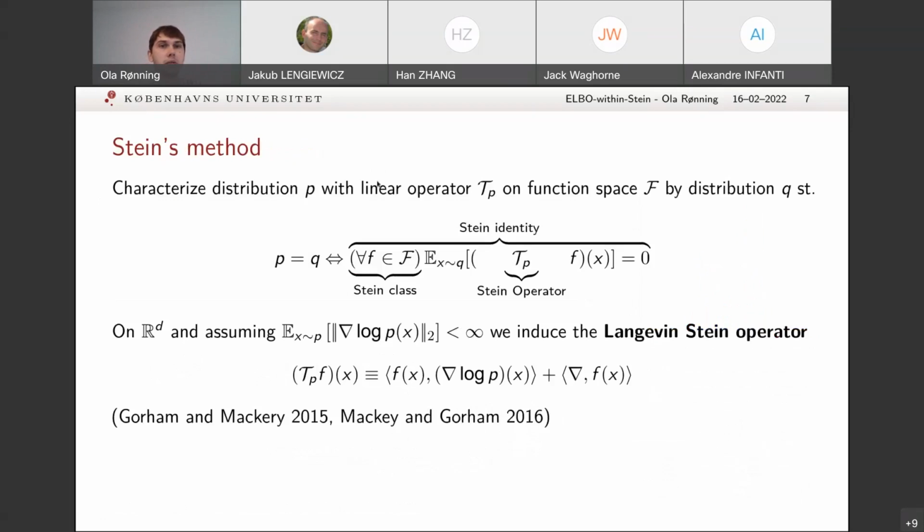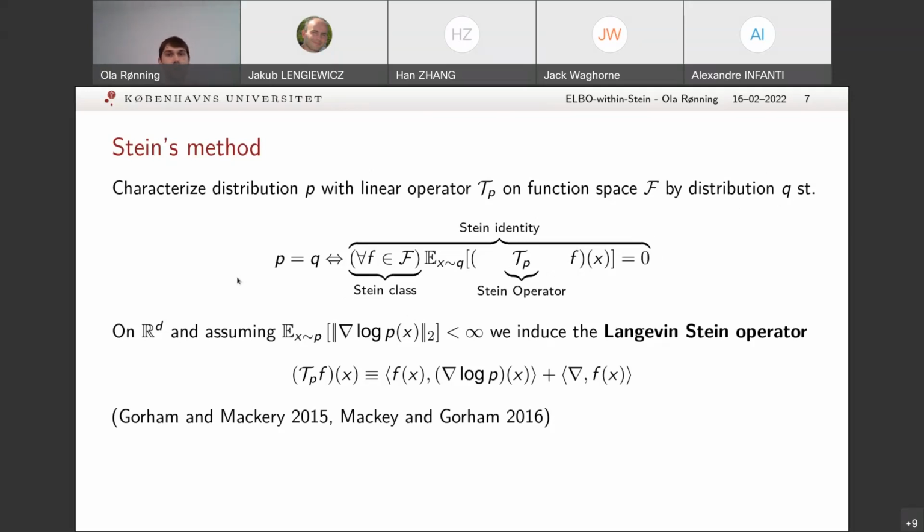So the idea is to characterize our target distribution by some linear operator on a function space, such that when we take it with respect to some other function, so think of this as a variational distribution, for every function in our function space, which we call the Stein class, when the operator operates on this function, then the expectation under our variational distribution is equal to 0 for all functions. That's the same as saying that my variational distribution perfectly captures my target distribution.